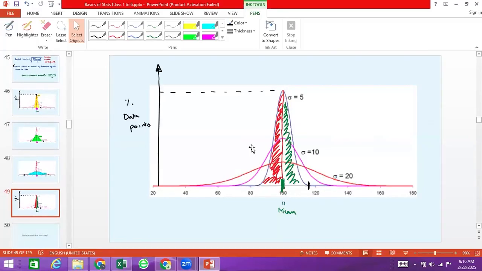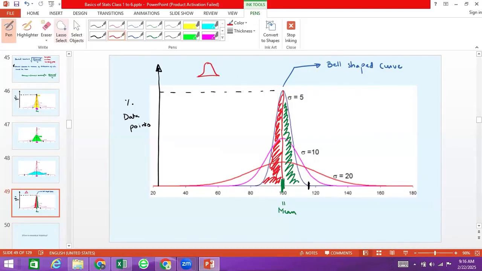And then the other thing that we discussed was that this is a symmetric distribution. We call it a bell-shaped curve. Why bell-shaped? Because a bell is like this, more or less, right?